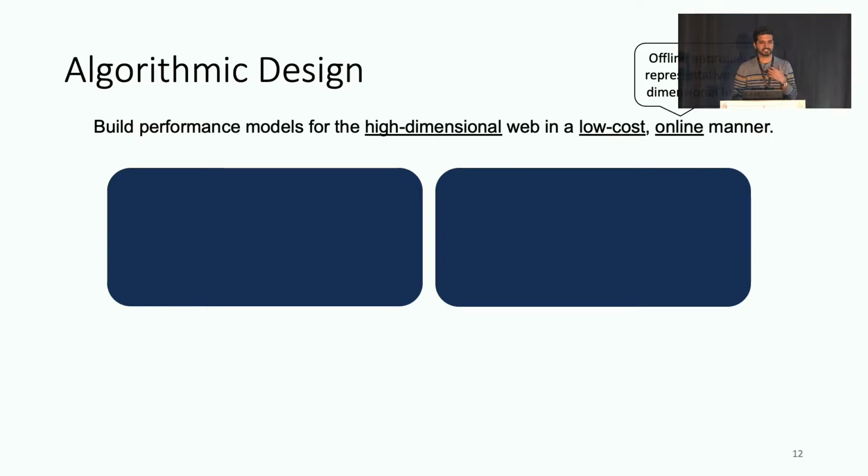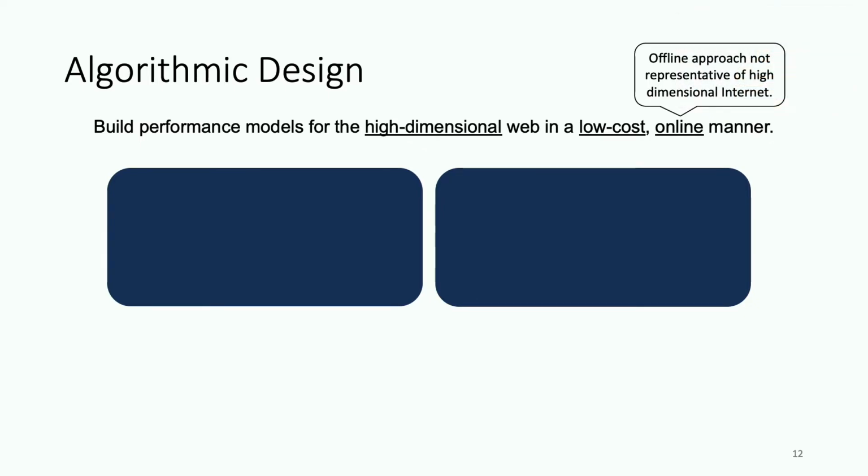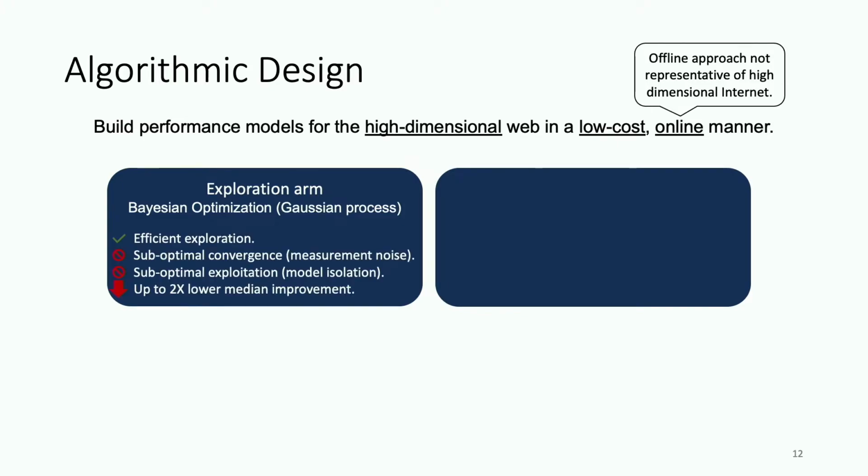To search for configurations in an online manner, we have tons of options available. There are efficient exploration algorithms available, like Bayesian optimization, that use Gaussian processes to build performance models and suggest the next configuration to search. While these algorithms do provide efficient exploration, they have 2 major drawbacks.